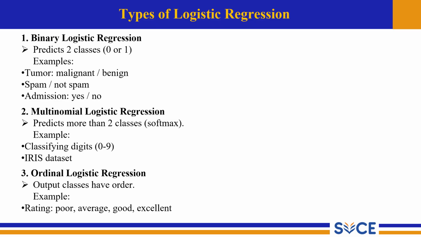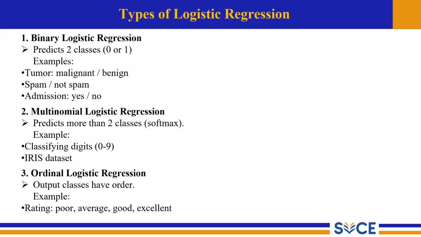Some common examples include digit classification, where the model predicts digits from 0 to 9, and the well-known dataset where the goal is to classify flowers into three different species. So, multinomial logistic regression is ideal when the target value involves multiple categories, and softmax helps the model decide which class is the most probable.